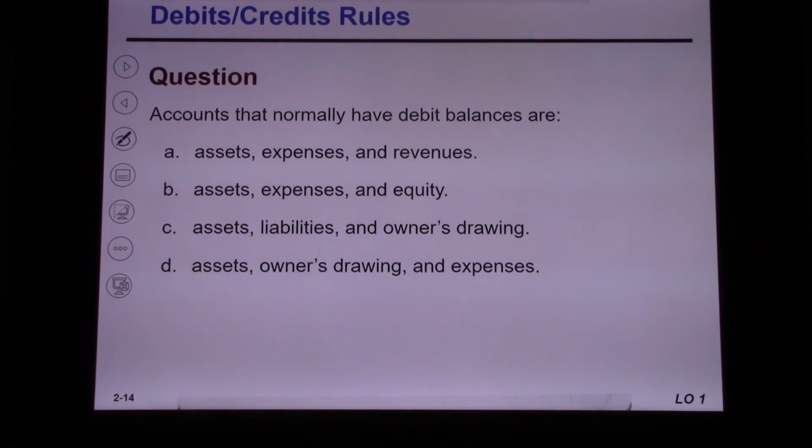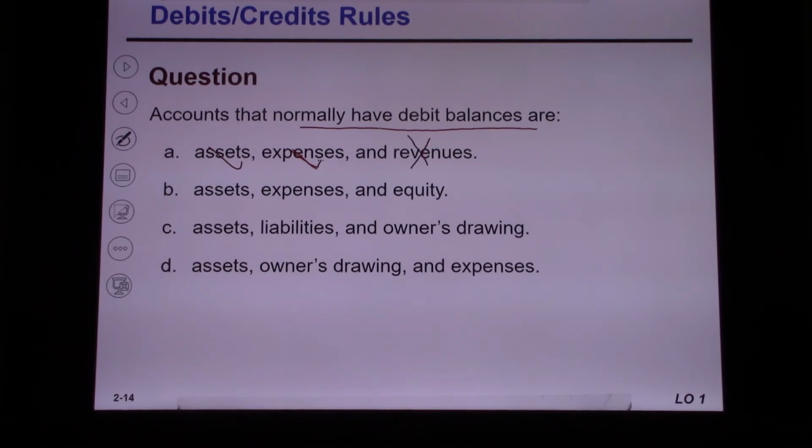Accounts that normally have a debit balance are, what are the accounts which have a normal debit balance? We have stated the normal balance is the increase side. So which accounts will normally have a debit balance? Assets have a debit balance because assets increase in the debit side. Expenses also have a debit balance. Revenue will have a credit balance because it increases in the credit side.